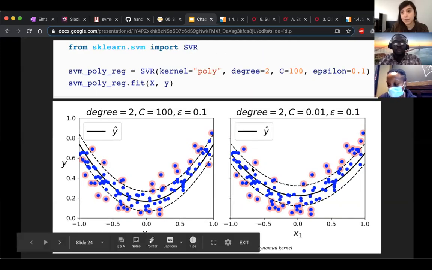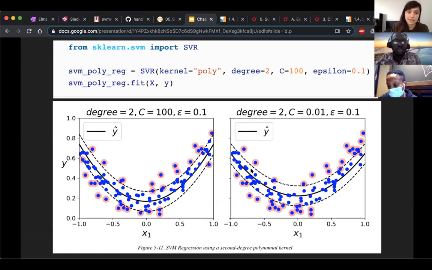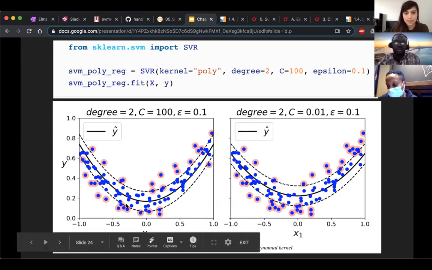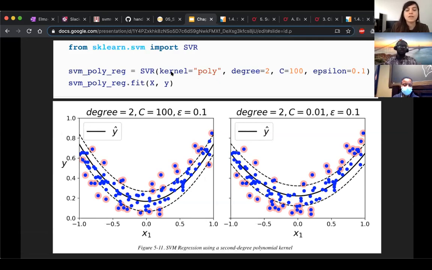There's another way to do that if you're dealing with nonlinear data. He's presenting data that we probably all recognize as a quadratic function. We can fit a quadratic function on this if we use SVR, as opposed to SVC that we had before, with a poly kernel.